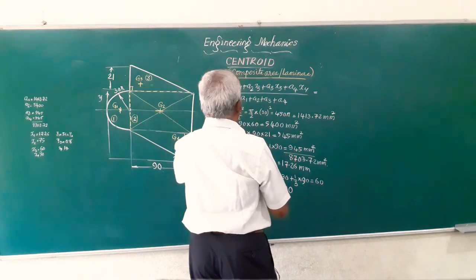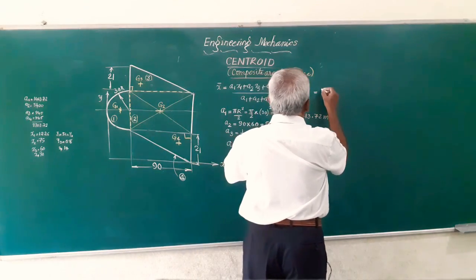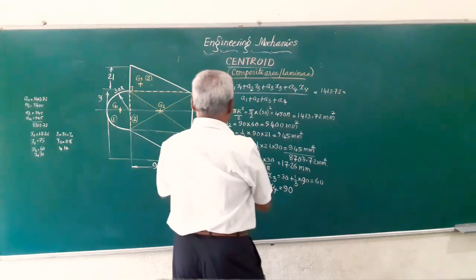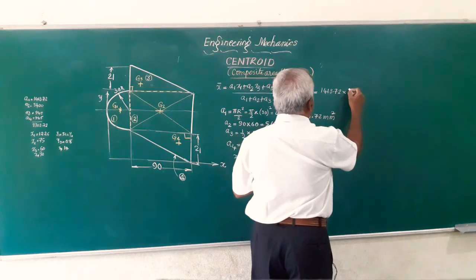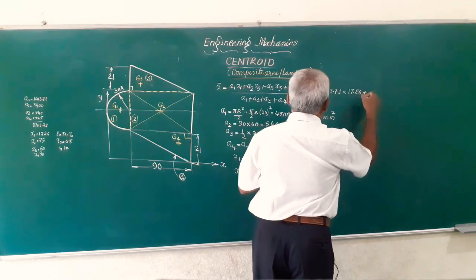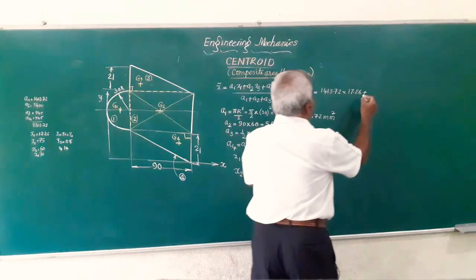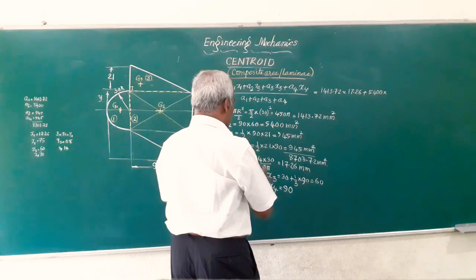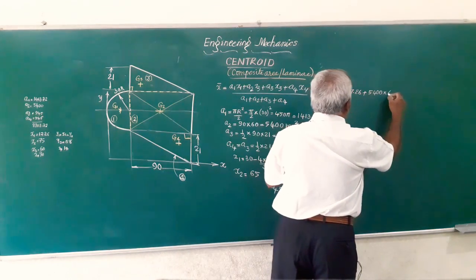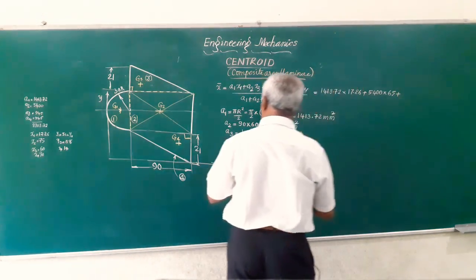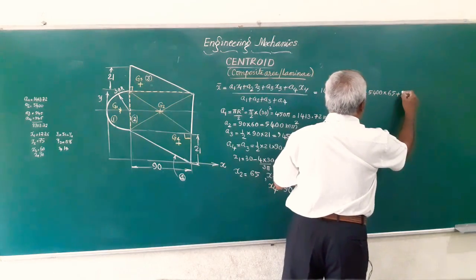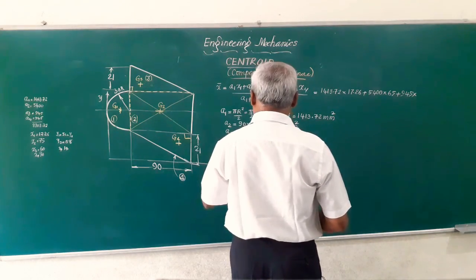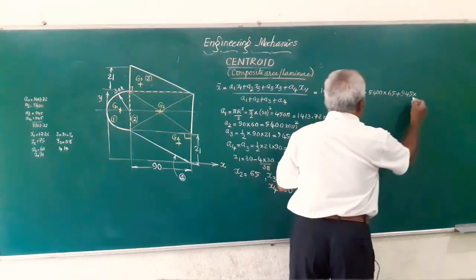Area of figure number 1 is 1413.72 multiplied by x1, which is 17.26, plus area of the second figure A2 is 5400 multiplied by x2 is equal to 65, plus area 3 is 945 multiplied by the distance x3 is 60 mm.